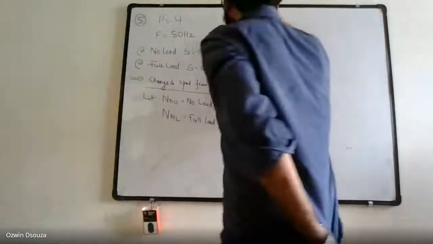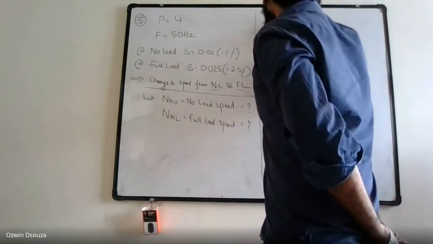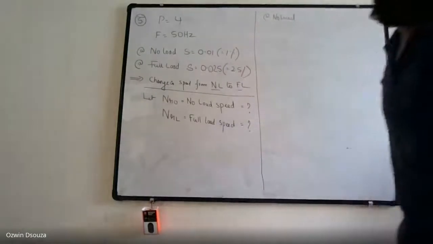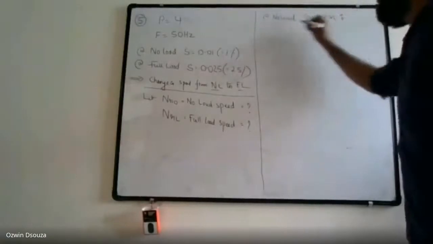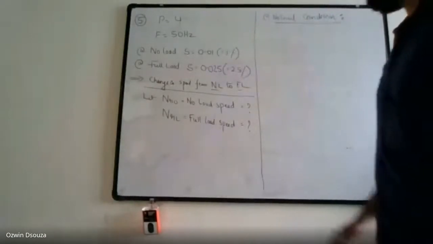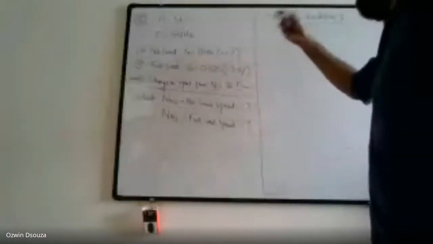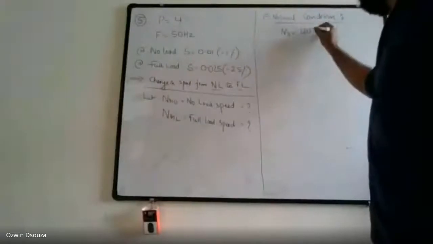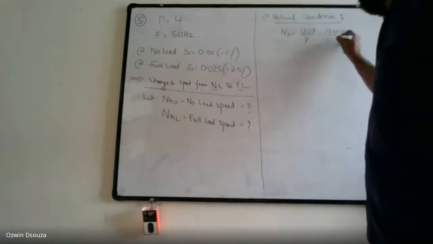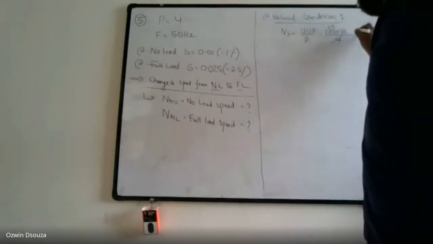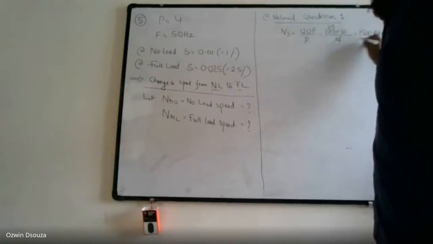First, you can take the no load condition. First, let us find the synchronous speed because it is not given. So Ns is equal to 120 F by P, 120 into 50 divided by 4, so 30. So synchronous speed is 1500 RPM.